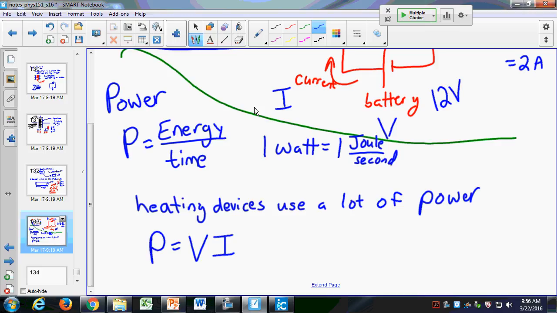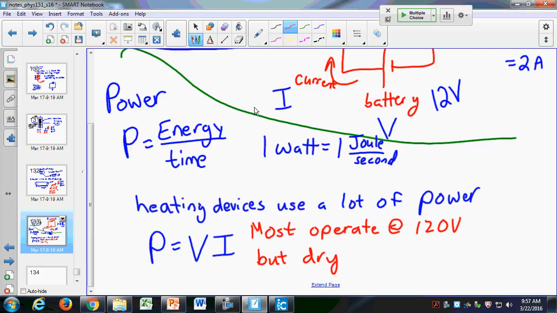So a dryer, an electric dryer, for example, let's say most things operate at 120 volts. But your dryer and your electric heater and a couple other things operate at 240 volts.